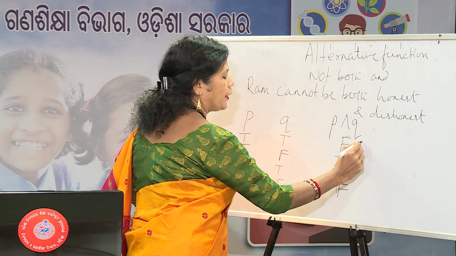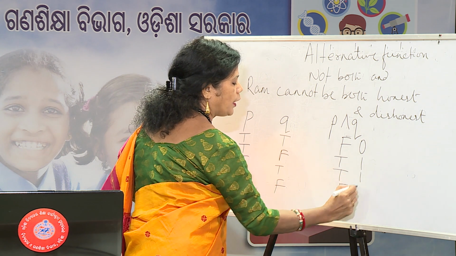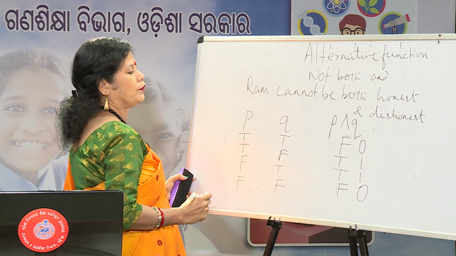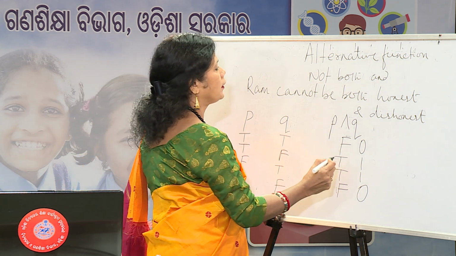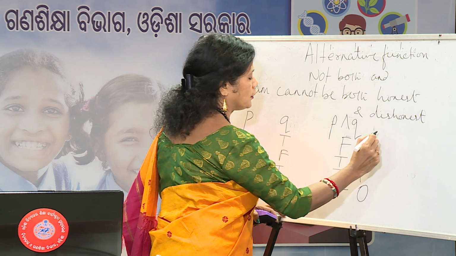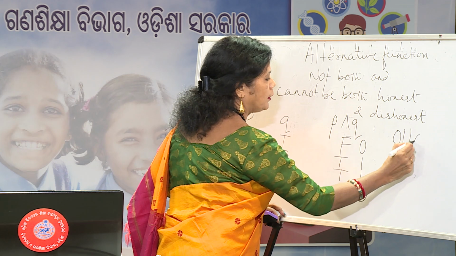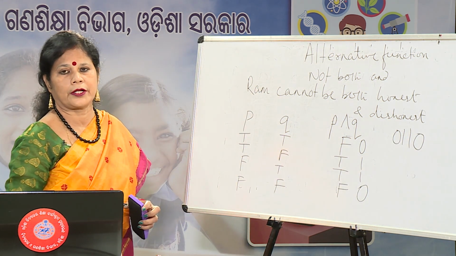So for F we write 0, for T we write 1, for T we write 1, for F we write 0. So the matrix number of the alternative function is 0, 1, 1, 0. Okay. So this is your alternative function.